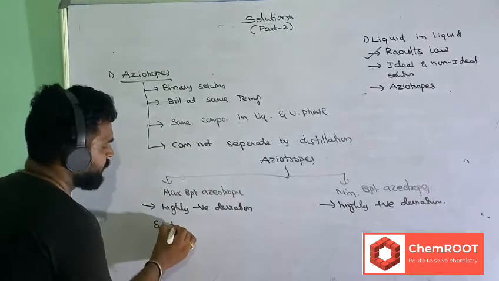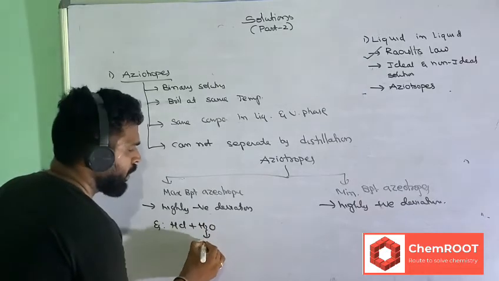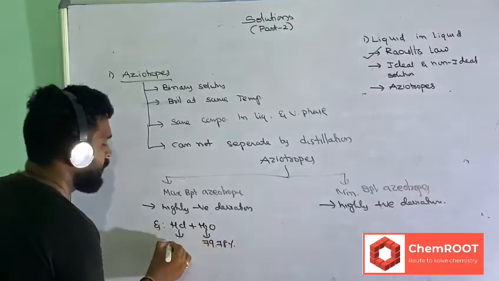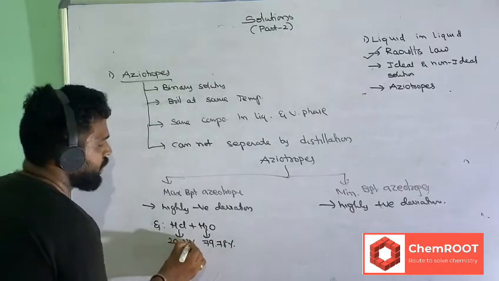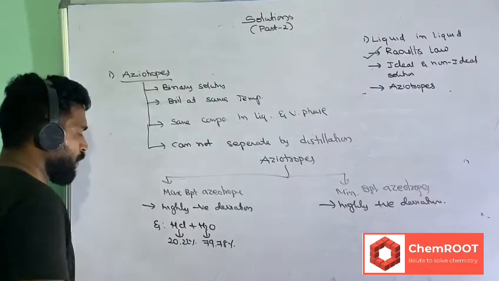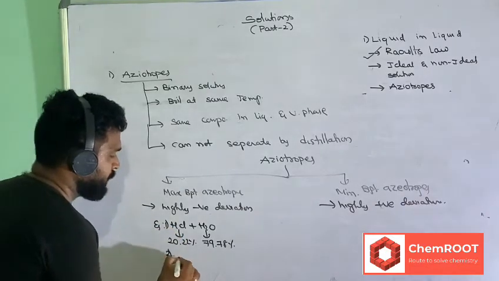Example for this one, HCl and water. In this composition, water will be 79.78% and this is 20.22%. This composition is from the maximum boiling point azeotropes, and the composition is important from the exam point of view.